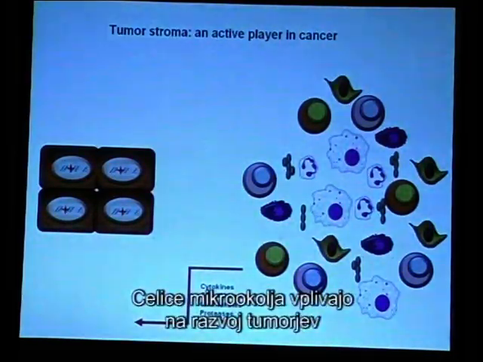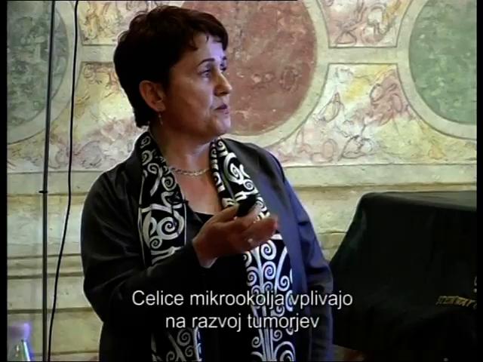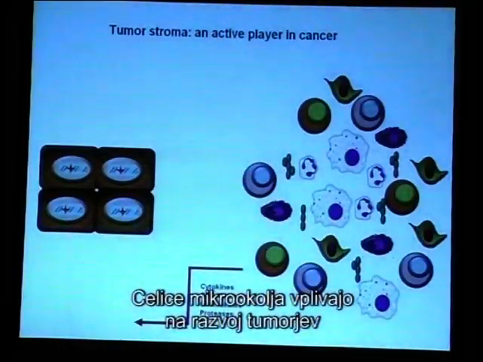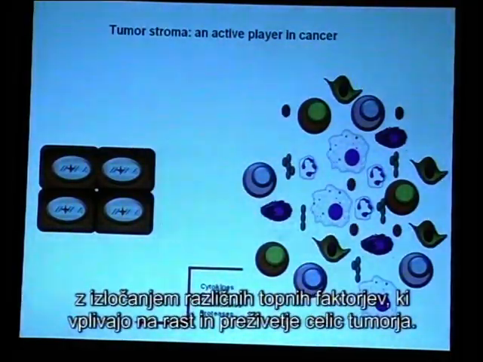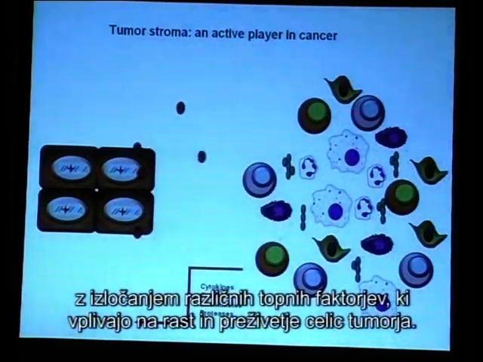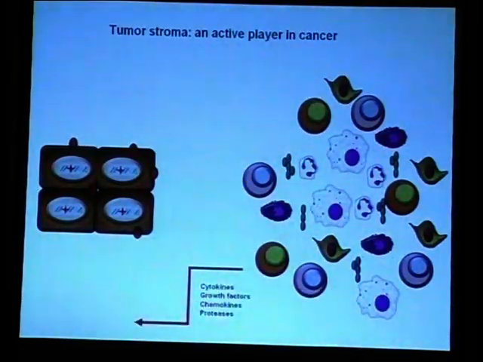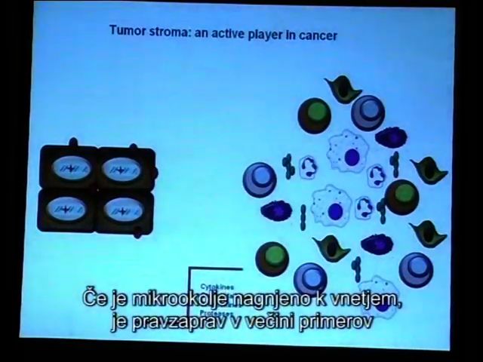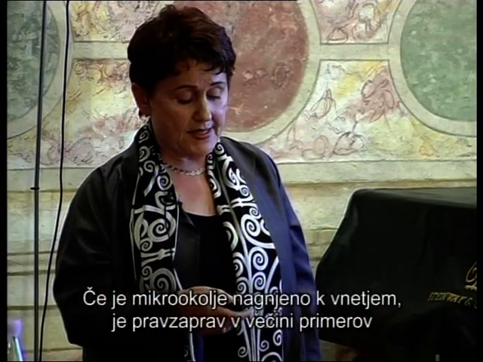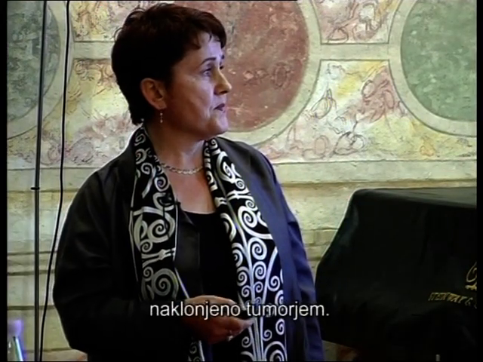And the way cells in the tumor microenvironment affect the progression of tumors is by secreting a variety of soluble factors which affect growth and survival of tumor cells. And the pro-inflammatory nature of this tumor microenvironment actually is, in most cases, pro-tumorigenic.